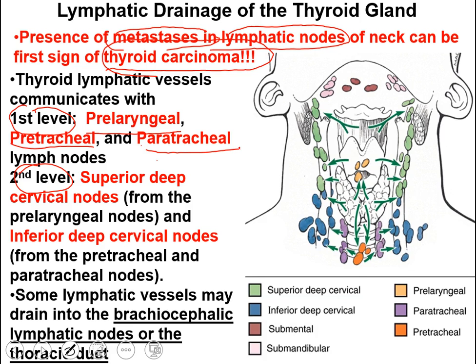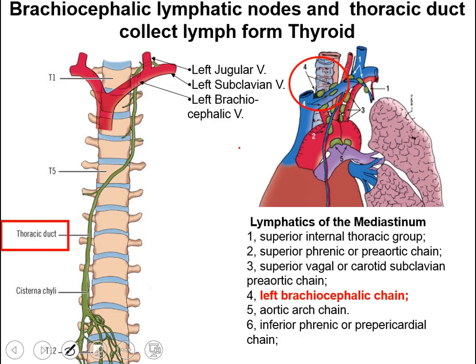Some lymphatic vessels may drain into the brachiocephalic lymph nodes or thoracic duct, but I will show you this on the next slide. And on these 2 pictures you can see thoracic duct, which can collect lymph from the thyroid gland, and as a result we may expect presence of thyroid cancer metastasis in the bodies of vertebral bones as well.